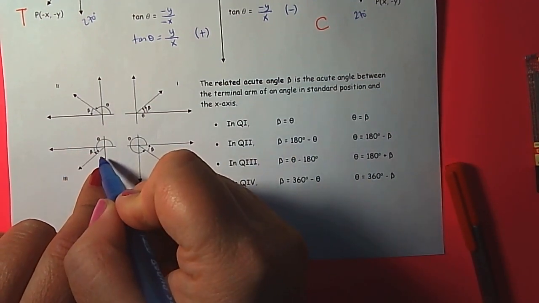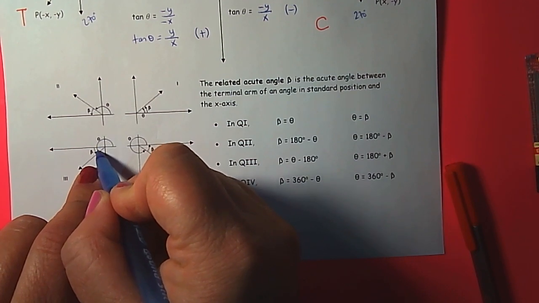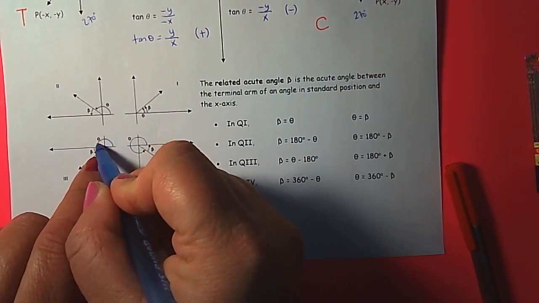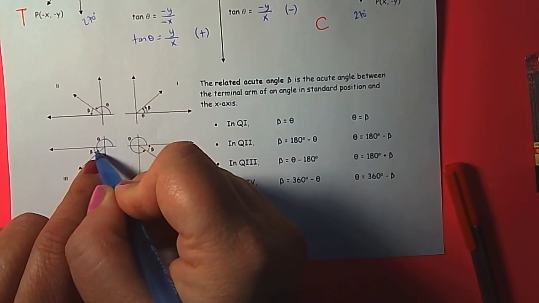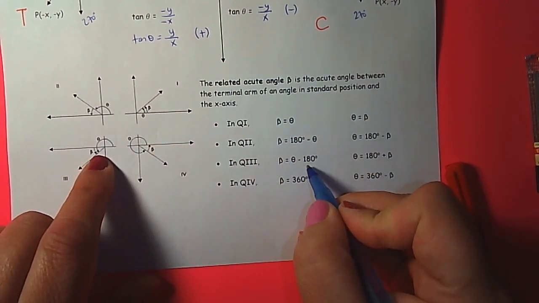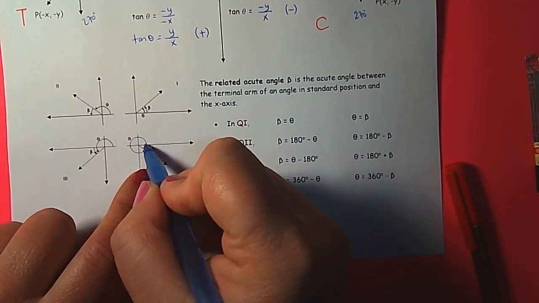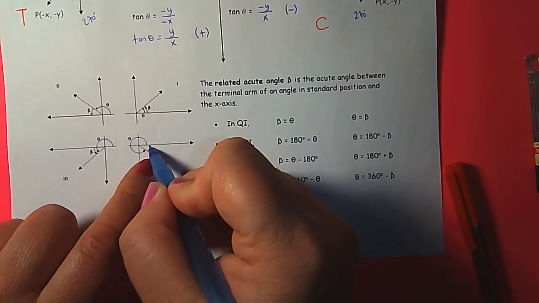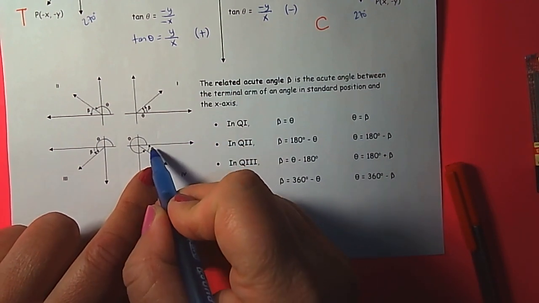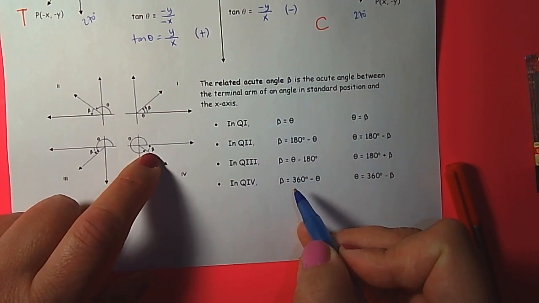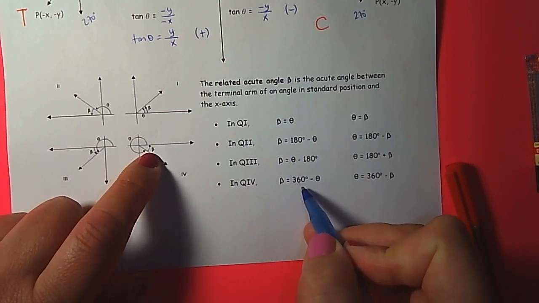In the third quadrant, this is angle theta, and this is angle beta. To get beta, we take theta and subtract 180 from it. In quadrant 4, this is angle theta, and this is beta. To get beta, we take 360 and subtract theta from it.